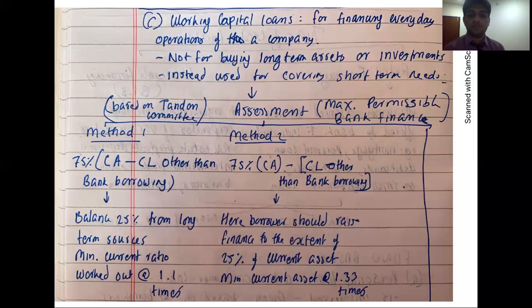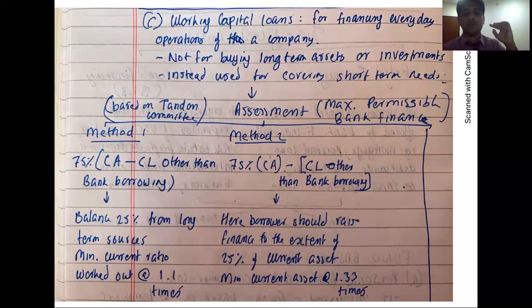Method two is 75% of current asset minus current liability other than bank borrowing. The difference is that in method one, the working capital gap is current asset minus current liability, and on that we fund 75%. In method two, we fund 75% of current asset, reduced by the total current liability.